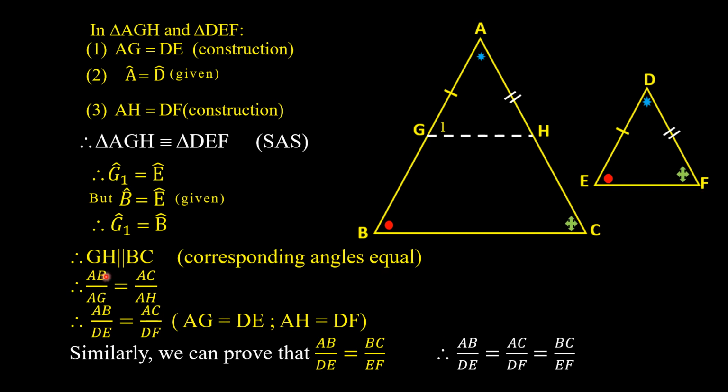So when we combine all of them, AB over DE is equal to AC over DF equal to BC over EF. That is the proof of the equiangular triangles and similarity theorem. Okay, learn it very well. Write down the proof 3 or 4 times.